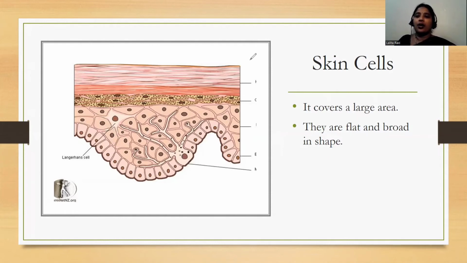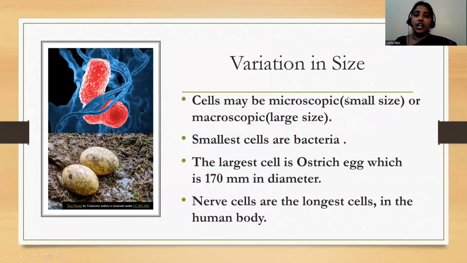Now, as we have seen till now, cells vary in shape and also vary in their function. Not only that, but cells vary in their size as well. Look at this figure. Here you are able to see two different types of cells.